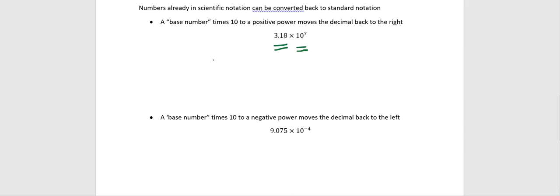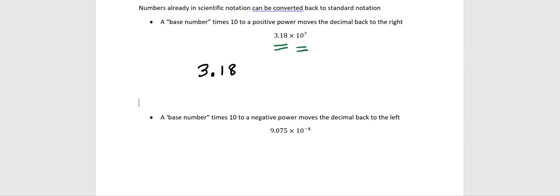So if I want to work in reverse direction and put that number back in standard notation with all its extra zeros, the first thing I'm going to do is write the base number, the 3.18. And I'm not going to worry about the power of 10 there.